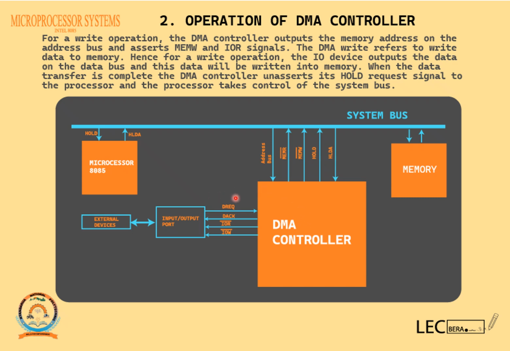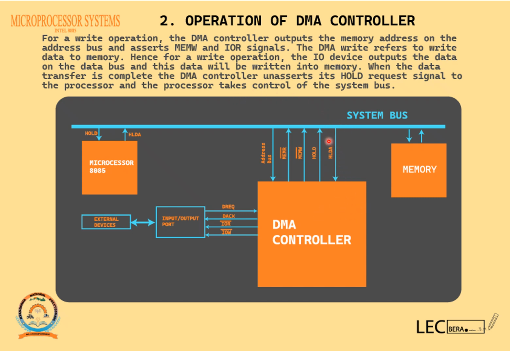Upon receiving the DREQ, the DMA controller is going to send a hold signal to the microprocessor. The microprocessor will finish what it's doing currently, and it will respond with HLDA, meaning that the microprocessor has surrendered all the system buses to the DMA controller.